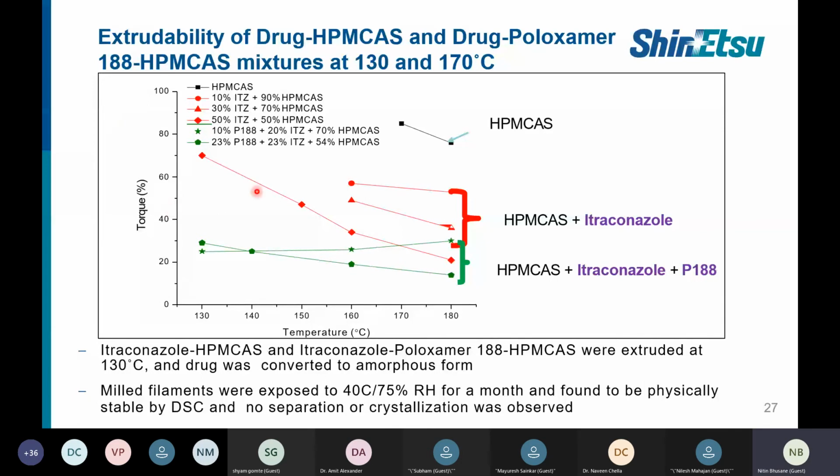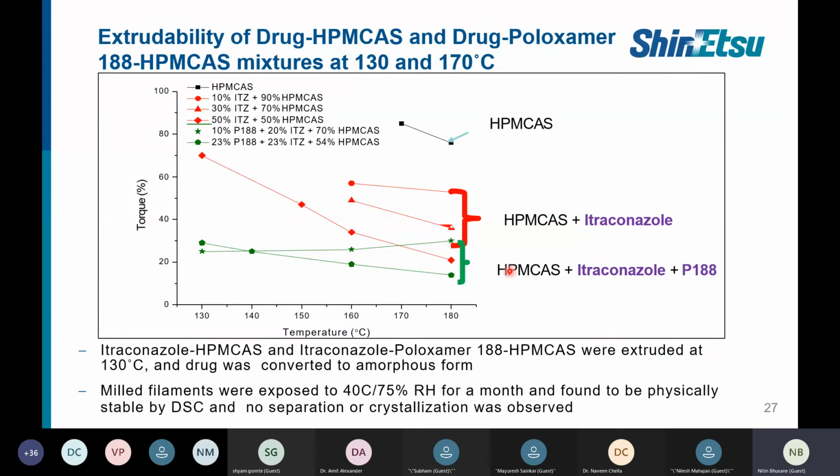But when they mixed HPMC AS along with itraconazole, the torque came down drastically, at around 160 degrees Celsius, to around 60% torque. So up to some extent, you can say maybe the drug is also giving some kind of plasticizing effect to the polymer in this case. Additionally, along with the drug, if you add some surfactant, the torque, which was initially 80 to 90%, is drastically reduced, coming down to around 25 to 30%.